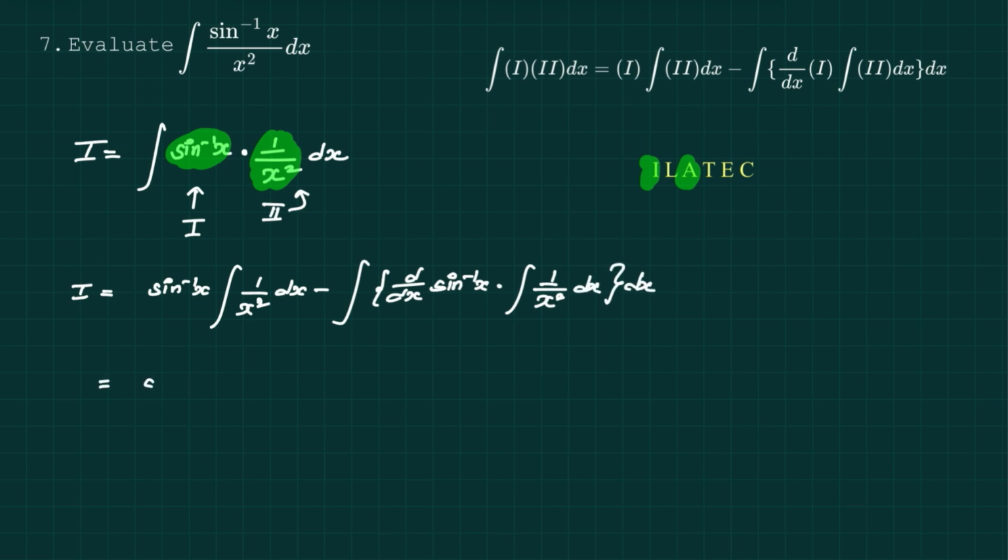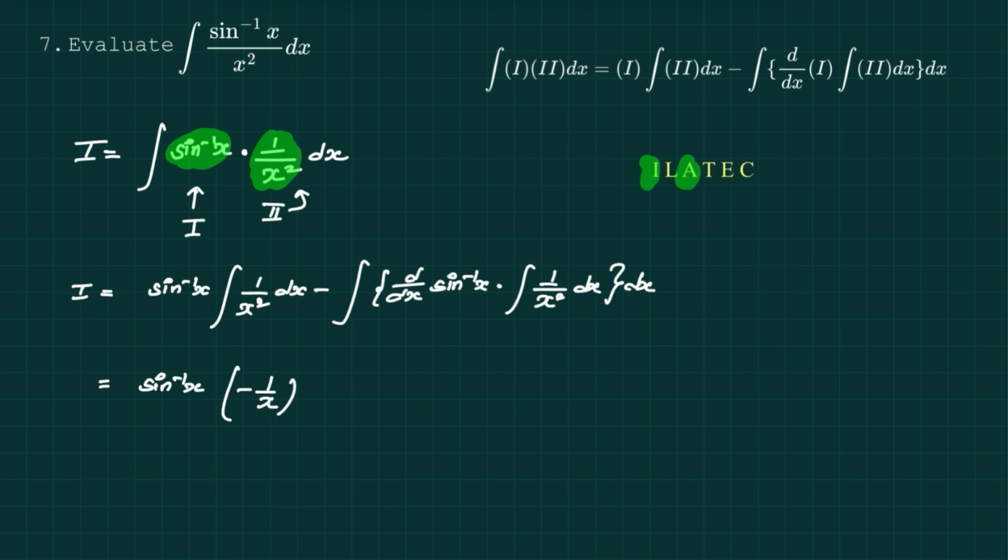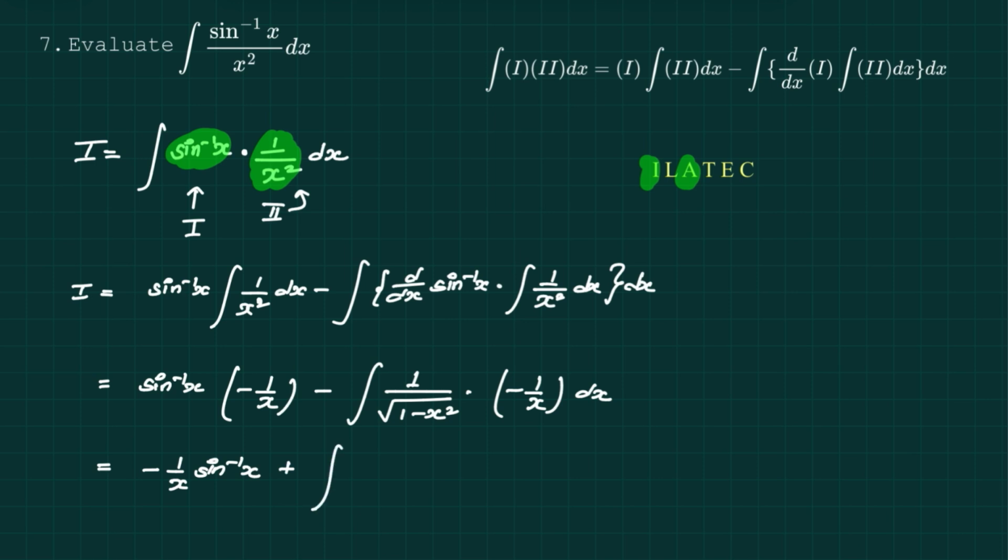So it equals sine inverse of x, integration of 1 over x square is minus 1 by x, minus integration of d/dx of sine inverse of x, which is 1 over square root of 1 minus x square, into integration of 1 by x square, which is minus 1 over x, dx. So this equals minus 1 by x sine inverse of x minus, and minus is plus, integration of 1 by x into square root of 1 minus x square dx.